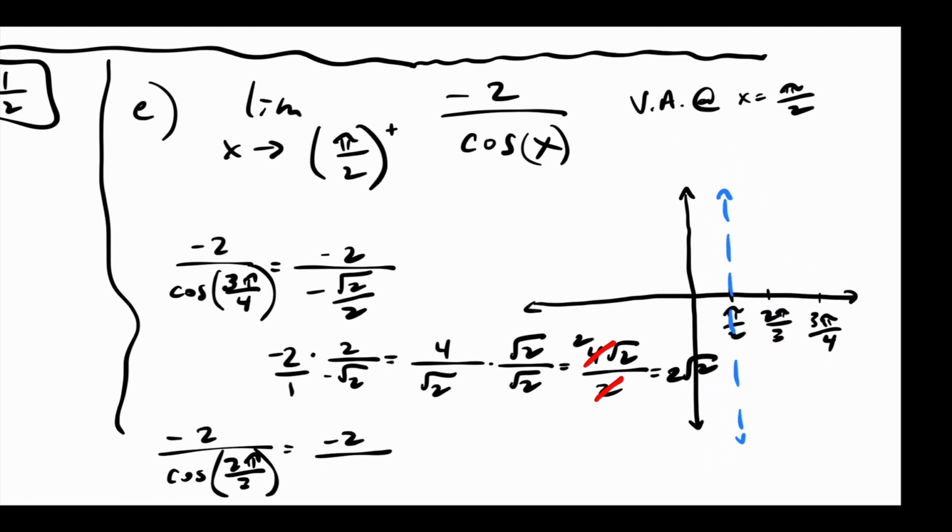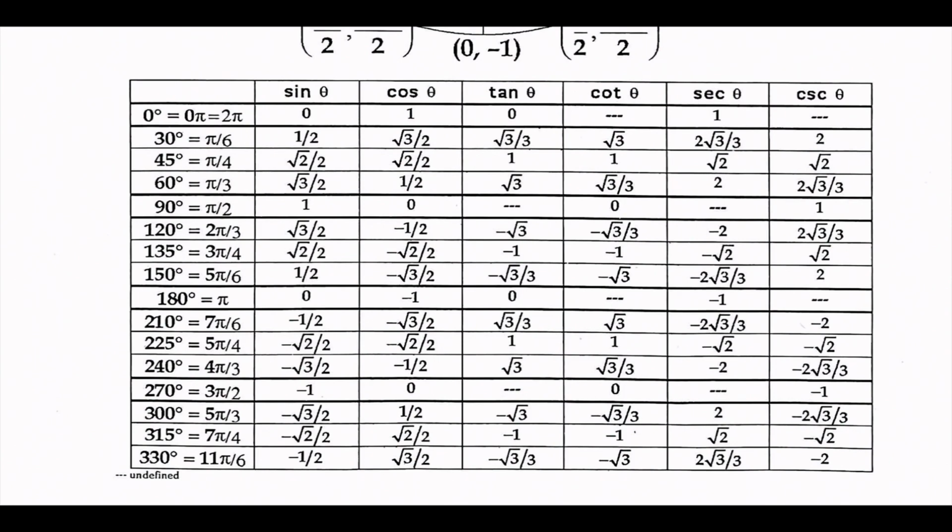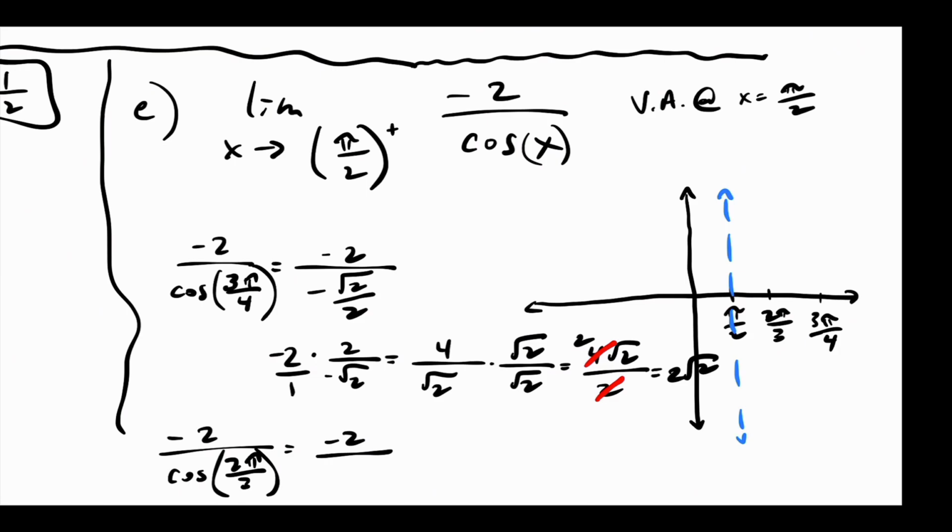Cosine of 2 pi over 3 is negative 1/2. So I get negative 2 times negative 2 over 1, which is positive 4.